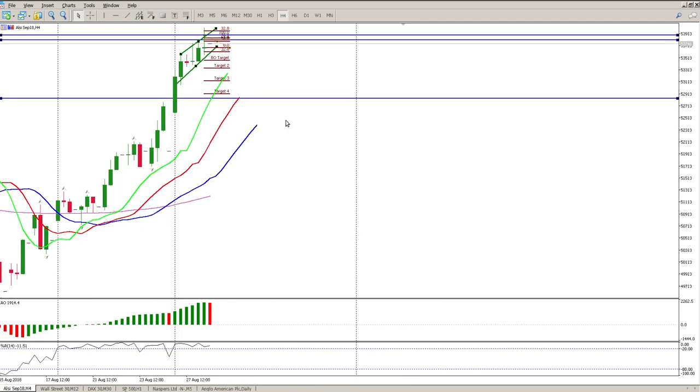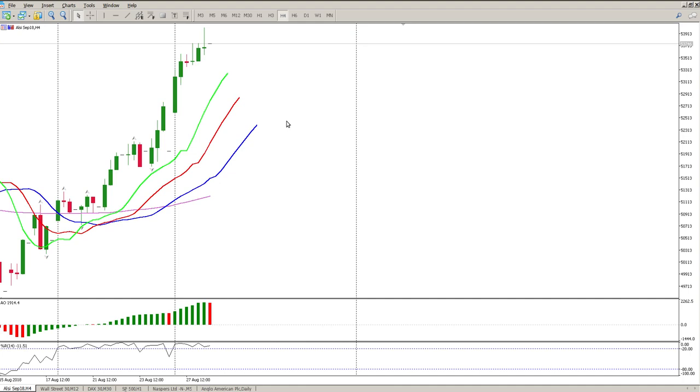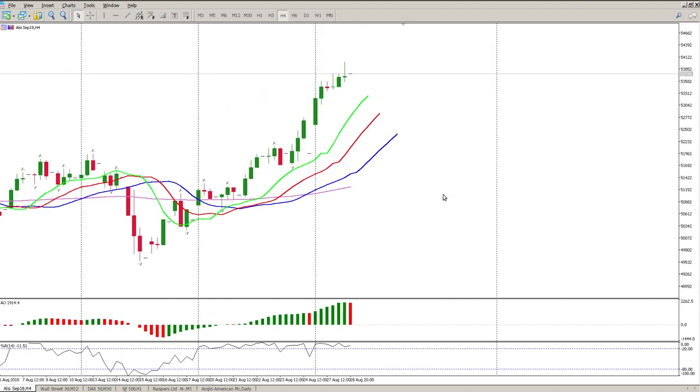And I just want to close off with the 4 hour, because the 4 hour is looking really tight. If you look, we've got a doji and another doji. So we've basically got two 4 hour signals that there is a potential change. But this trend is really, really strong. Normally when you have a very strong trend like this, the chances of it just rolling over immediately is very slim.